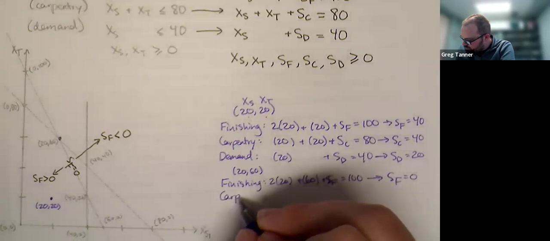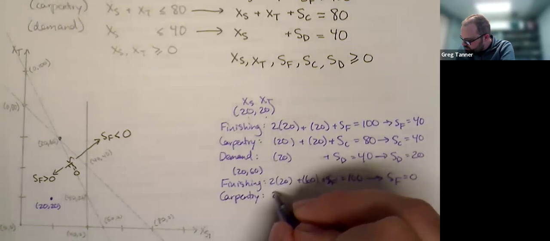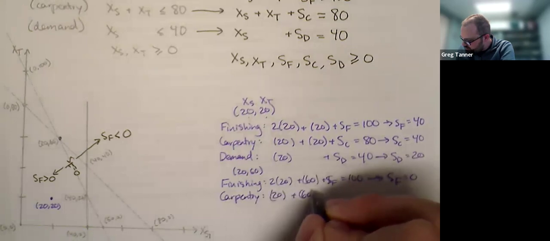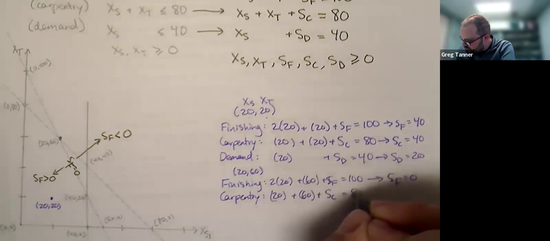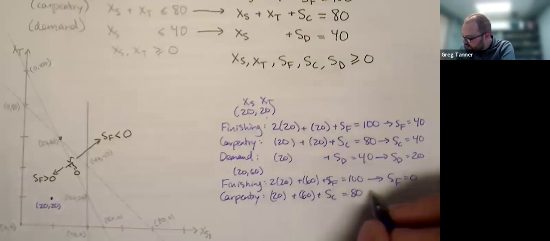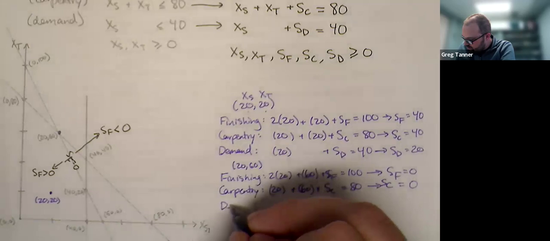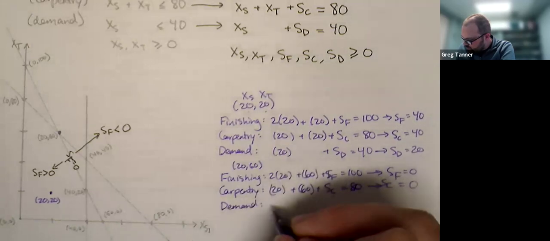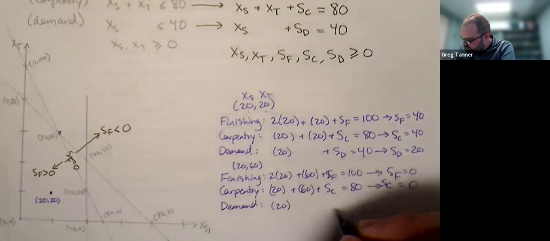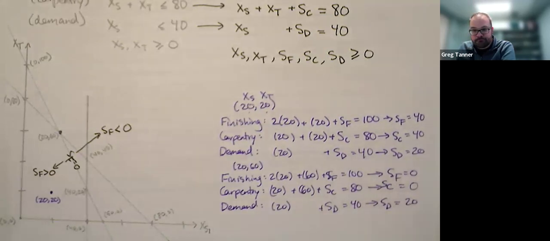For carpentry, we get 20 plus 60 plus SC equals 80. 20 plus 60 is 80. Subtract 80 from both sides, and we get that SC equals 0. And then our demand, we'll have 20 plus SD equals 40. And so SD equals 20.